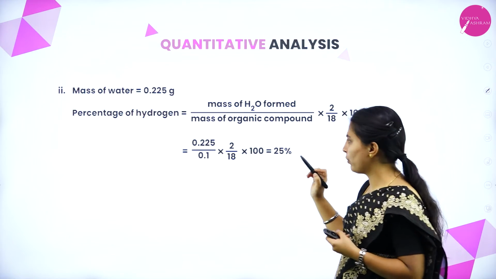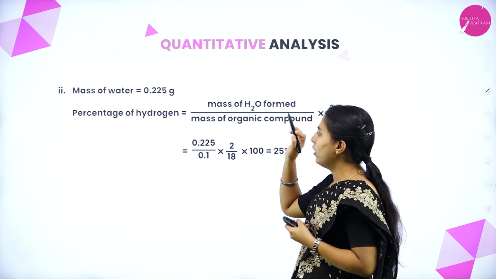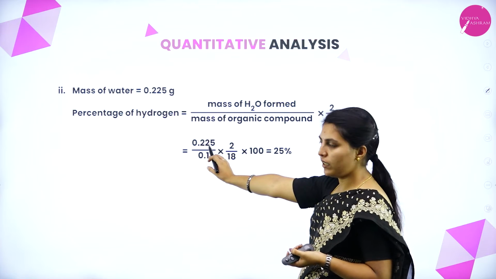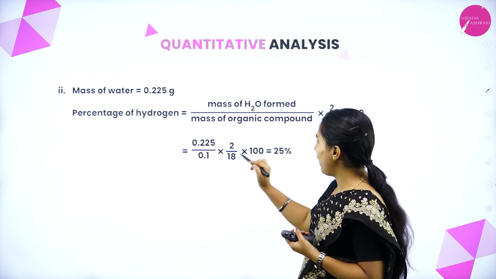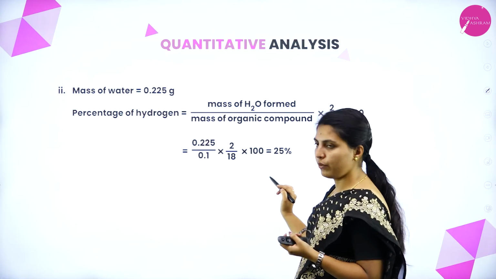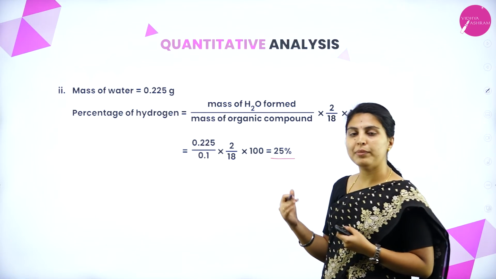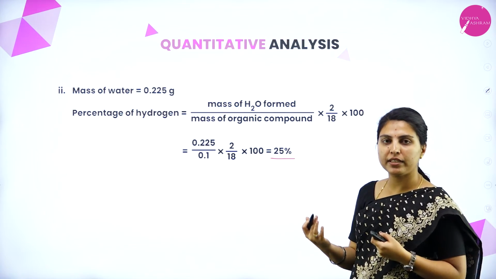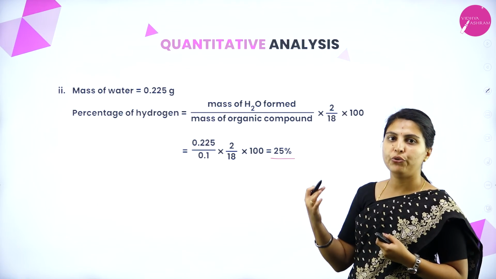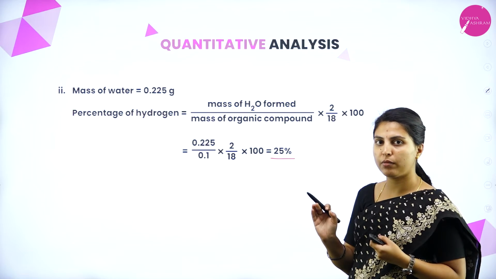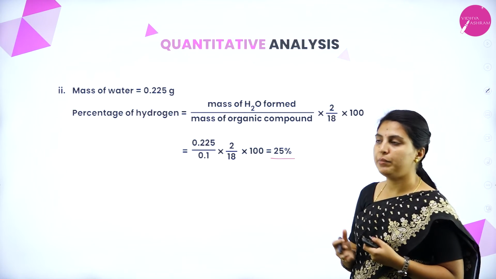This is a standard equation. You have to simplify, putting whatever data they have given into the equation, and you will get 25%. The overall percentage will be 75% and 25%, and you will get this 100% from the carbon dioxide and water in the Liebig's method.